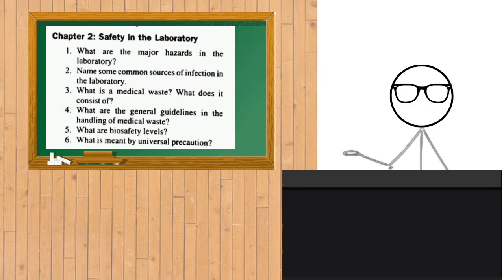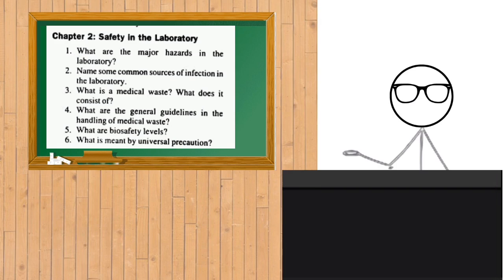Level two is the minimum for any clinical laboratory because they work with microbes that have risks to human health, like hepatitis B and salmonella. If you are working with infectious agents like these, the minimum you have to have is level two biosafety. That includes lab coats, gloves, and physical barriers against these infectious agents.